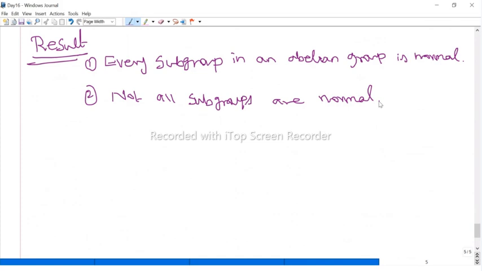Okay. The next definition is cyclic group. A group is said to be cyclic if it is generated by a single element.